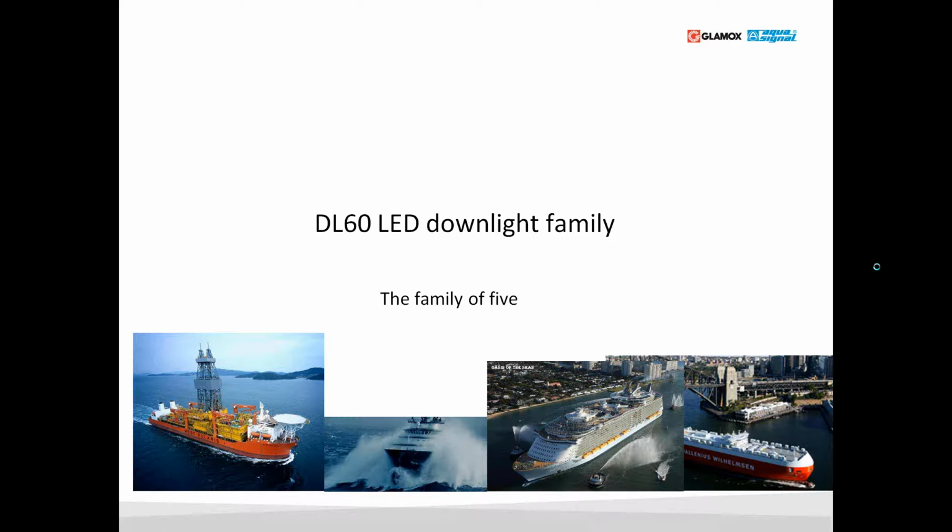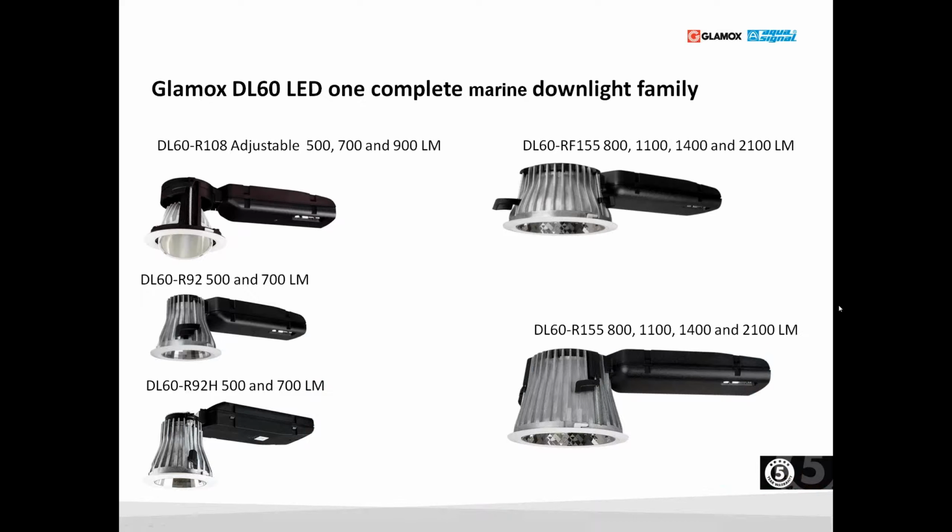So what you see here is the different variants we have. You see 5 different variants. The ones on the left here are what is replacing the old halogen versions we had with downlights earlier. And at the right side, you have what is replacing the fluorescent compact tubes.